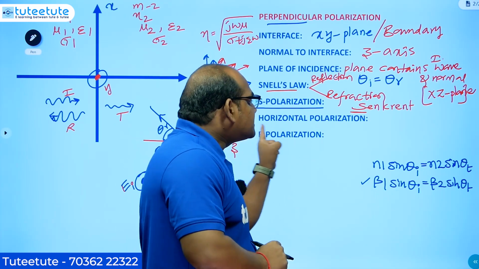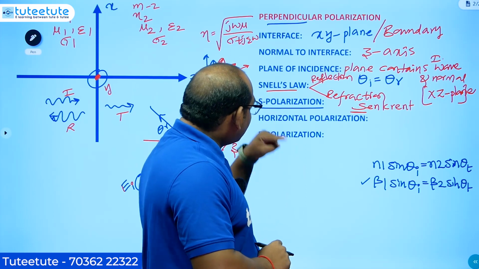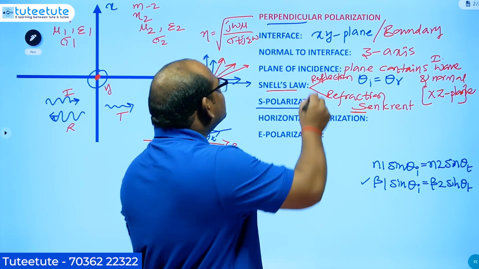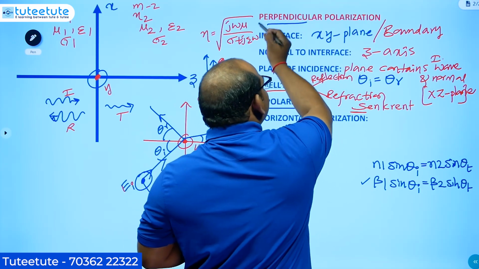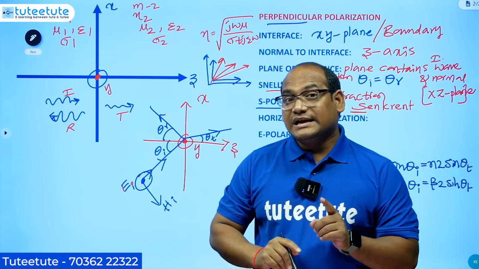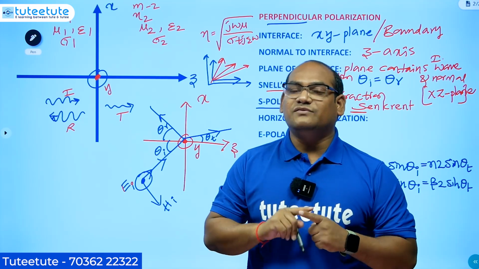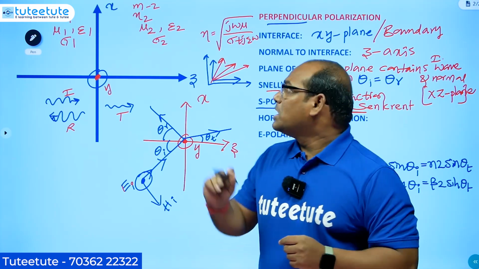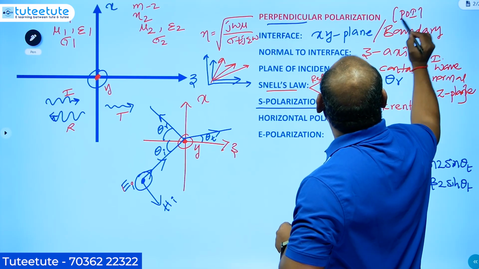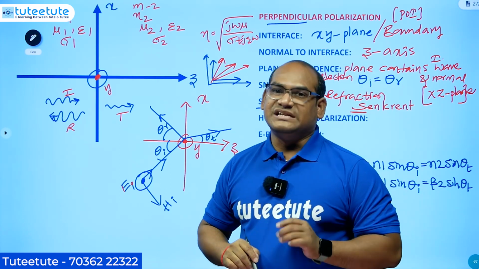Next one is horizontal polarization, or this can also be called E polarization. See carefully, this perpendicular polarization name was given with respect to the electric field orientation, compared with respect to the plane of incidence.